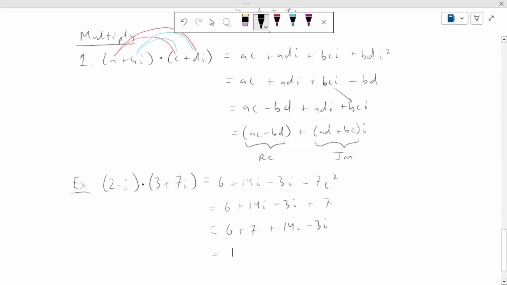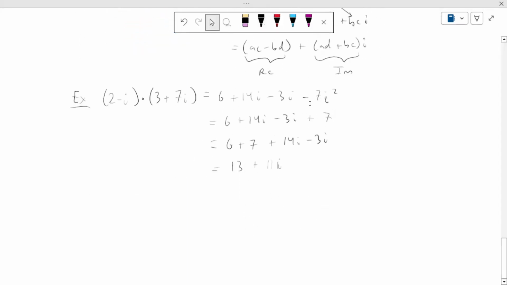Well, 6 plus 7 is just 13, and 14i minus 3i will be the same thing as 11 copies of i left over. So we get 13 plus 11i. Any questions on that?